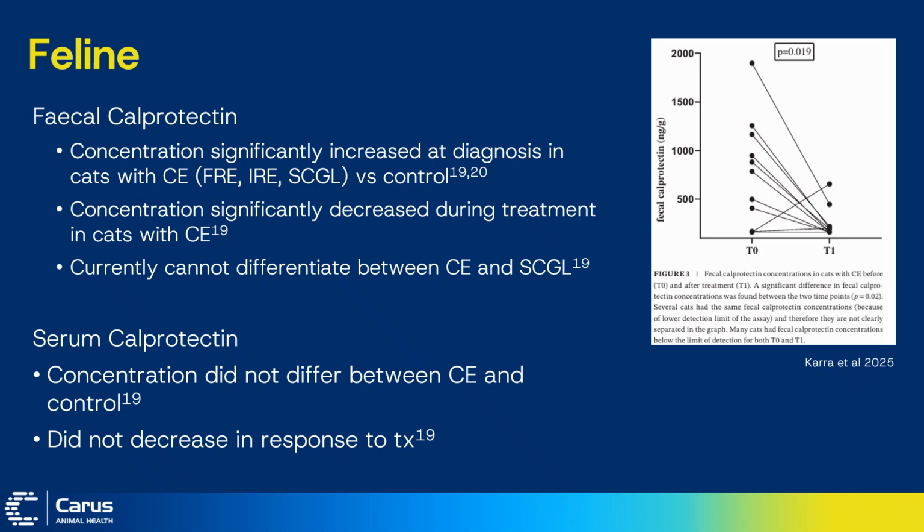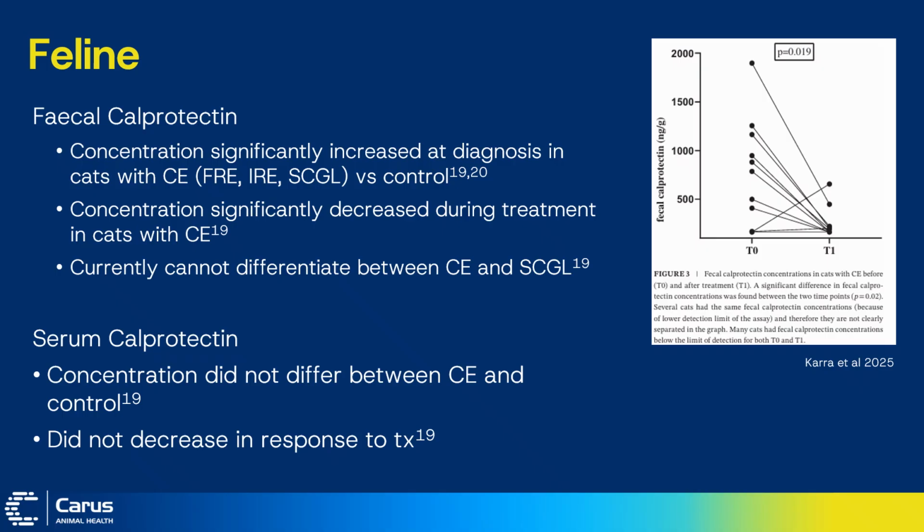In contrast to fecal calprotectin concentrations, serum calprotectin concentrations didn't differ between cats with chronic enteropathy and healthy control cats at baseline, and it also didn't decrease in response to treatment in cats with chronic enteropathy.